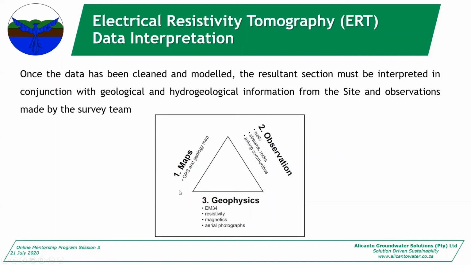Then you've got the actual observations that you make. And then the geophysics, your actual results. Like, what do you see? None of these work on their own, or geophysics doesn't work on its own without observations and your maps, which is what I've been saying the whole way through, trying to reiterate it for you guys.